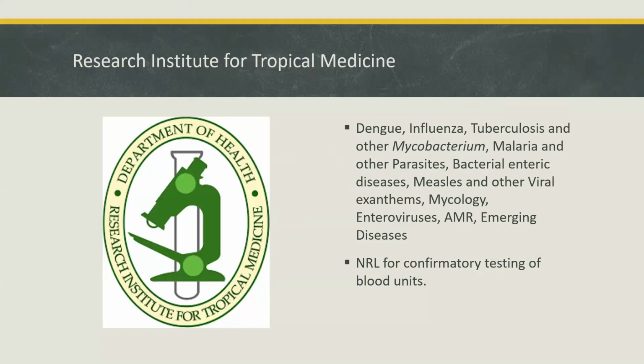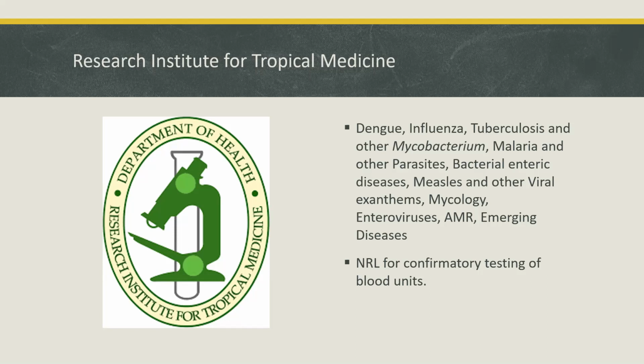Number 1, Research Institute for Tropical Medicine. This is the reference laboratory for dengue, influenza, tuberculosis and other mycobacterium species, malaria and other parasites, bacterial enteric diseases, measles and other viral exanthems, mycology, enteroviruses, AMR or antimicrobial resistance, and emerging diseases.